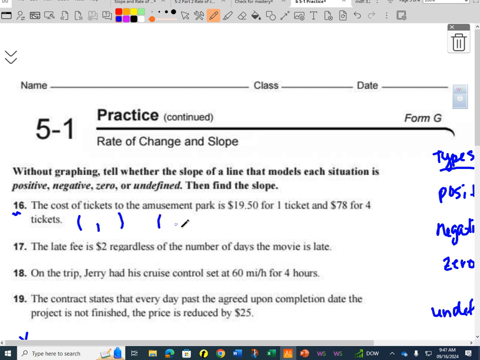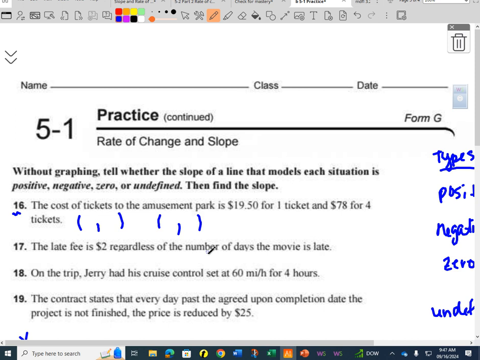We're going to talk about definitions here in a second, but we need to know which is the independent variable and which is the dependent variable. We're going to talk about it now and we'll write it down in a minute. So which one of these depends? Does the number of tickets depend on the cost, or does the cost depend on how many tickets you buy? What would you say? The cost depends on the number of tickets you buy.